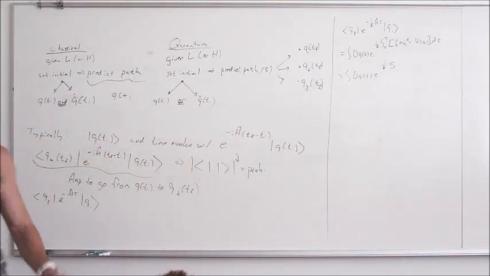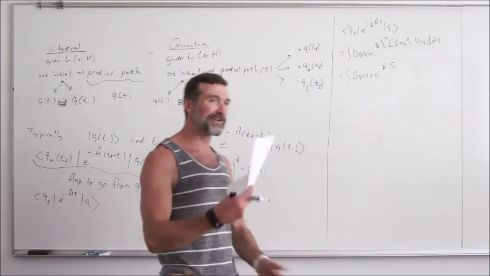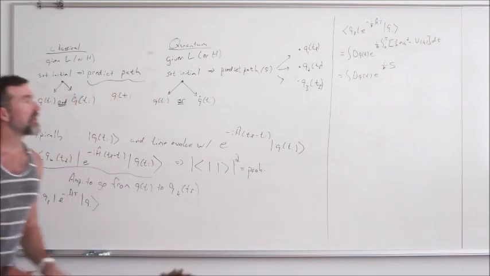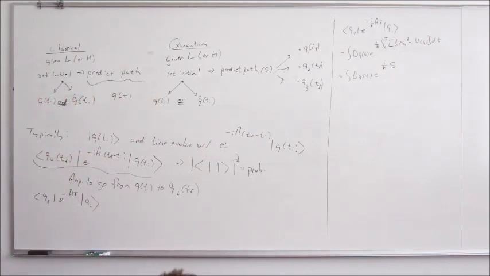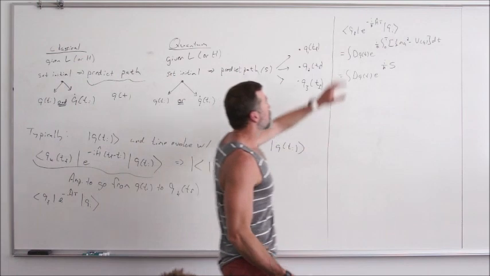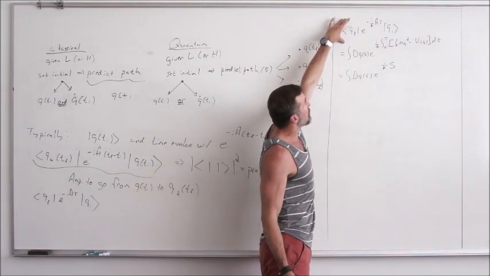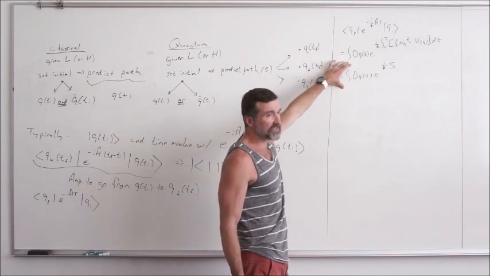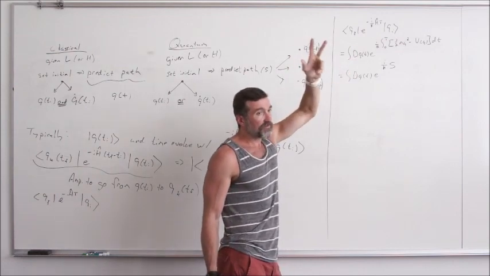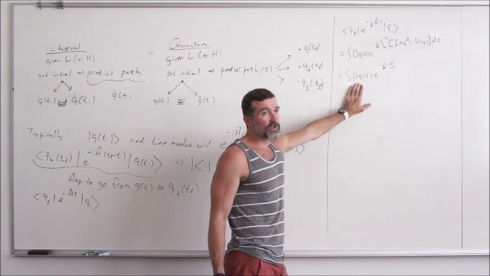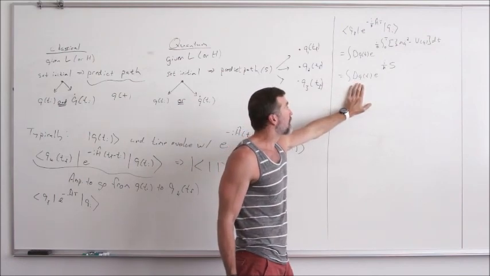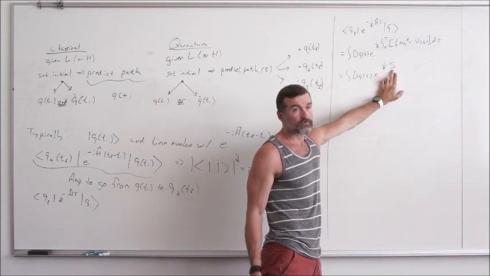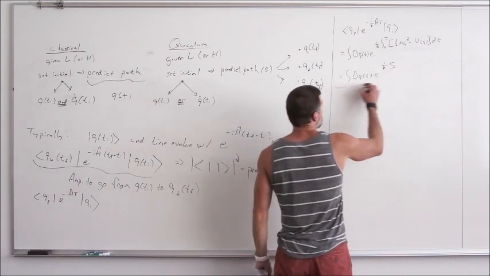So you expand into a complete basis, and you're inserting the resolution of identity in terms of momentum states and position states. So there's lots of good stuff in there, but at the end of the day, this quantity that we're used to calculating that gives us probabilities can instead be recast in terms of this expression, which is different in a couple of ways. First of all, it integrates over all paths, and it utilizes the Lagrangian instead of the Hamiltonian. Okay? This thing is called a path integral.